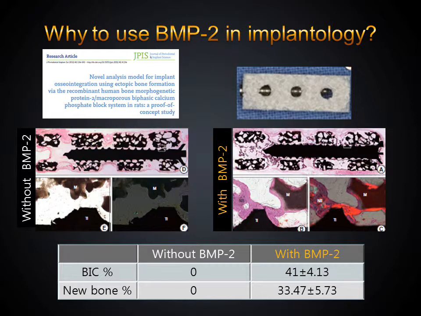But the block without rhBMP2 saturation was filled with fibrotic tissue. In conclusion, immediate implant placement with simultaneous bone graft in defects and extraction sockets could be successful. The grafted site will be filled with new bone, and the implant surface in the grafted site will be osseointegrated.